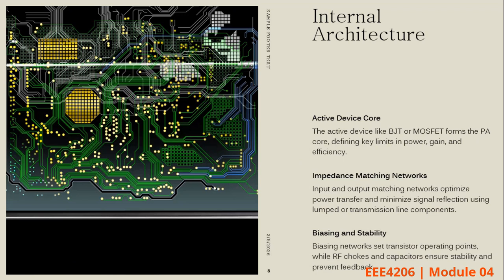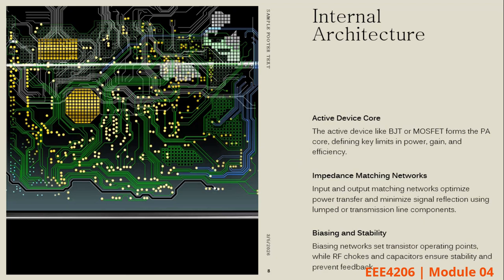When we talk about the input matching, here we need to ensure maximum power transfer. So the input matching ensures the power that is received from the modulator, or the modulated signal, is good enough to be transferred to the next stage.